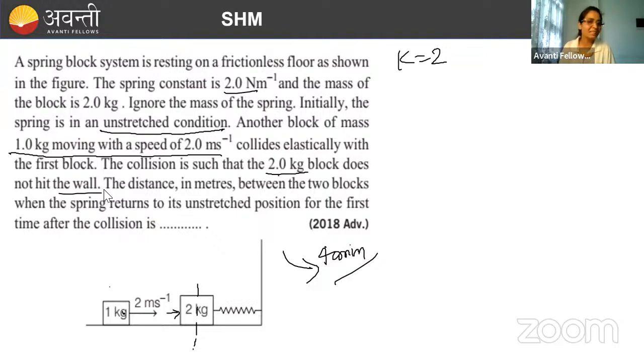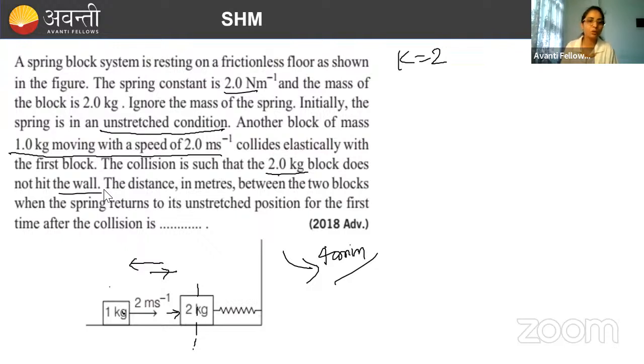What will happen to 1 kg block after the collision? Either it will move in this direction with less speed or its speed will get reversed, so that we need to check now.